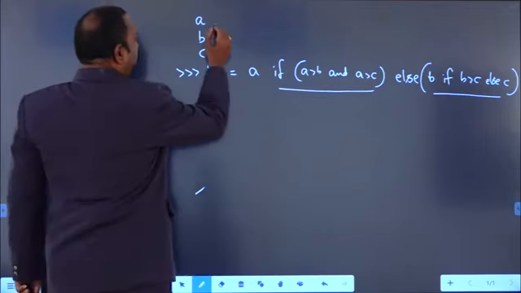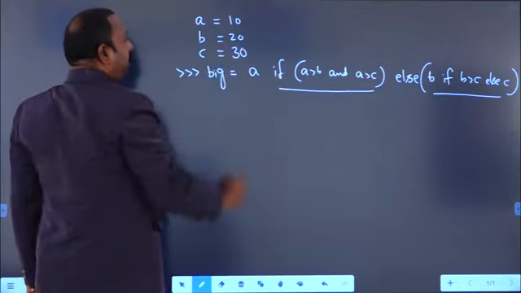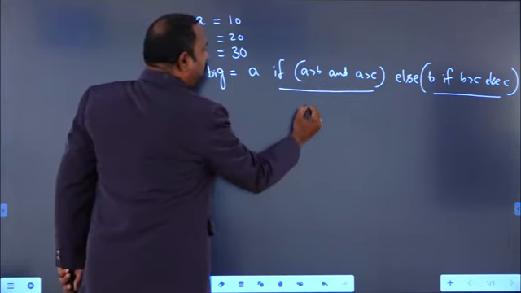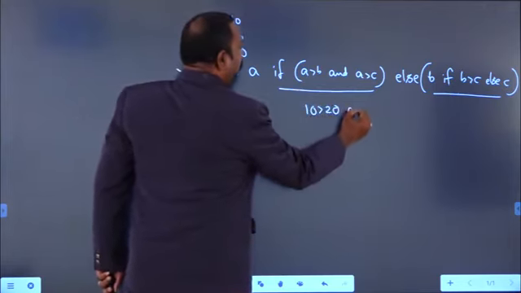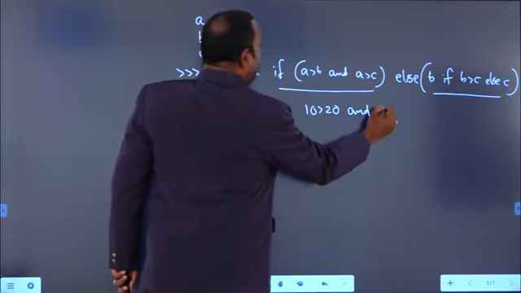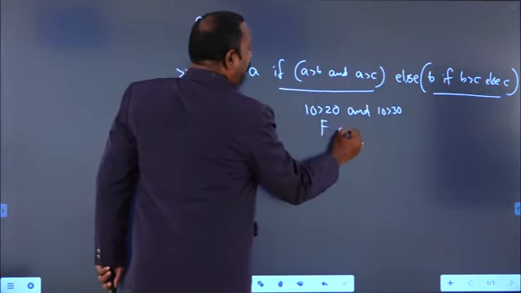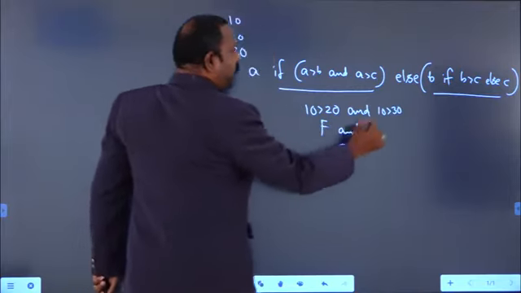Now, for example, I have taken a = 10, b = 20 and c = 30. I want to find the biggest of three numbers. Here we have to check the condition: a > b, 10 > 20, and 10 > 30. So this condition is false and this condition is also false. You will get the value false, that means it goes to the else case.